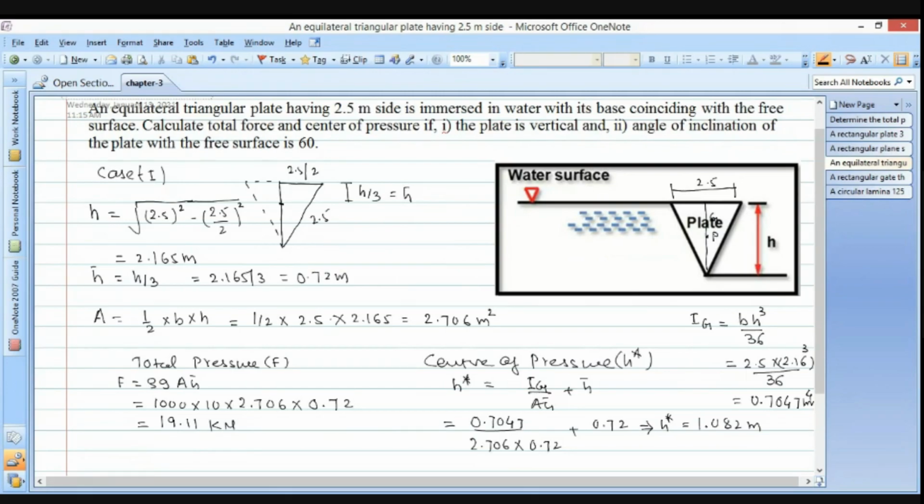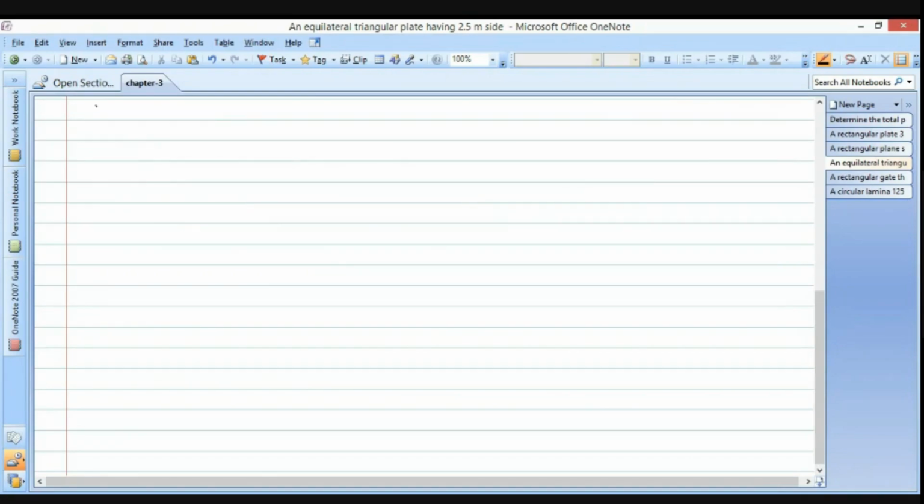Now we have to go for case number 2, in which the same plate is making an angle of 60 degree with the free surface. So we first make the geometry as well as the position of the plate. So this is a free surface, and here suppose this angle is 60 degree.